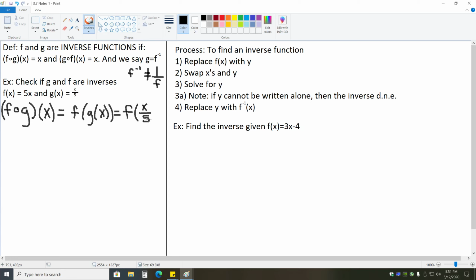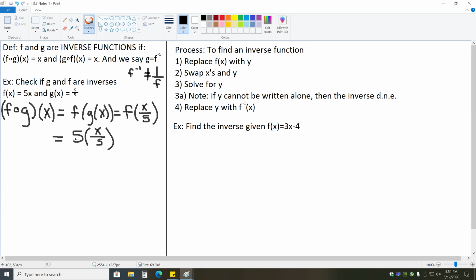So we're plugging x over 5 in everywhere we see an x in our function f. So function f is 5 times x, which means it's now 5 times x over 5. Again, we have just replaced this x with what's in parentheses here, x over 5.